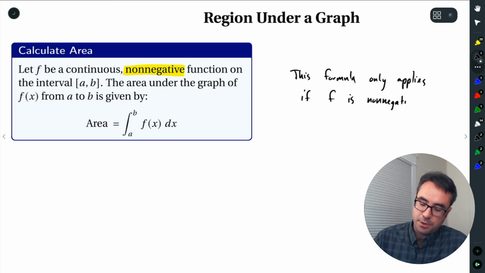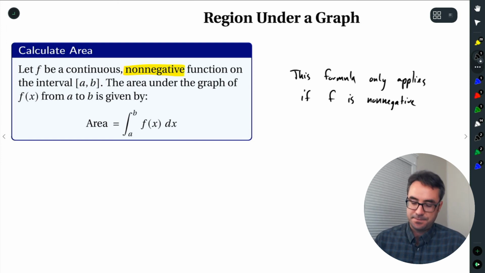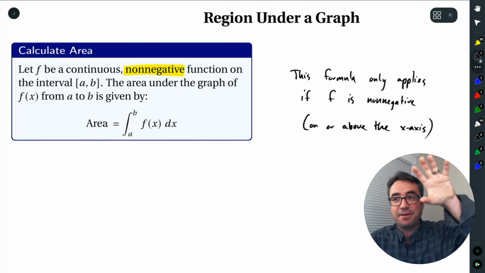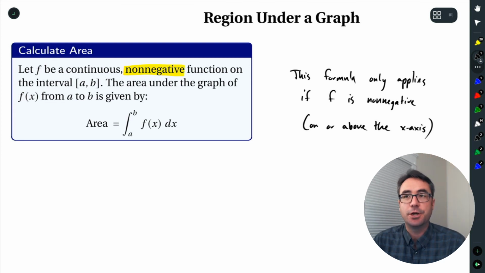So it can't go below the x-axis. So it's on or above the x-axis. If our function stays on the top half of the xy plane, we're good. We can calculate the area under the curve.